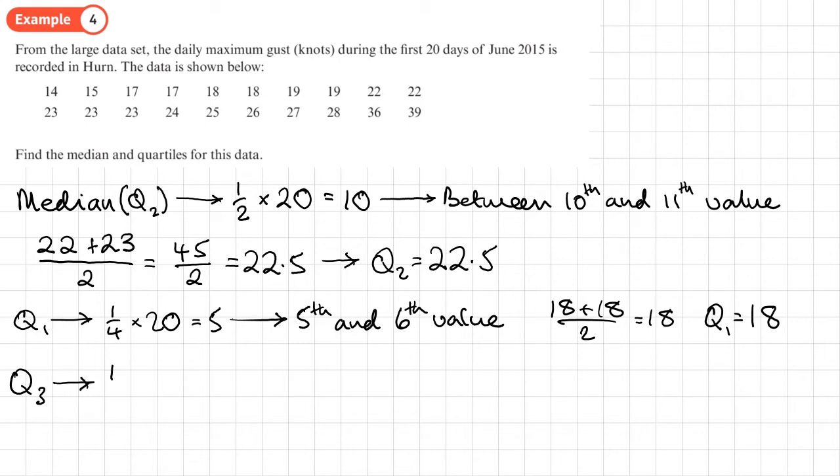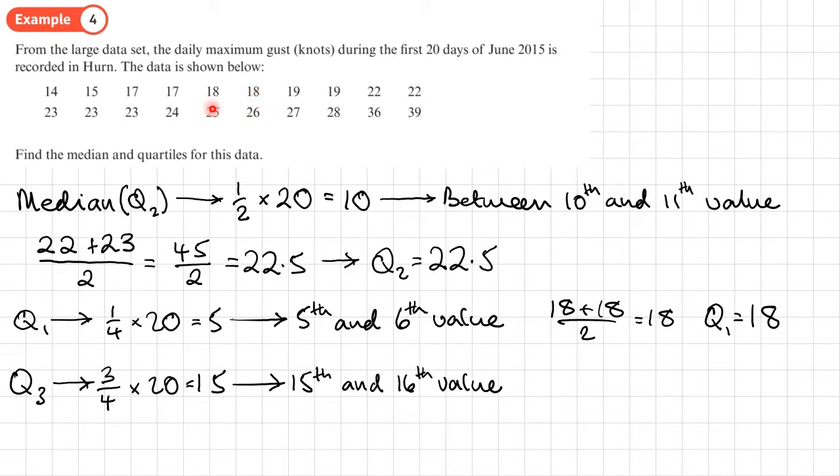Then for the upper quartile, Q3, upper quartile changed to a fraction times by 20. That's going to be 15. So that means it's between the 15th and the 16th value. So we know that's 10, 11, 12, 13, 14, 15.